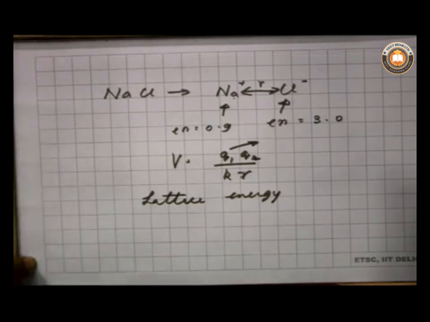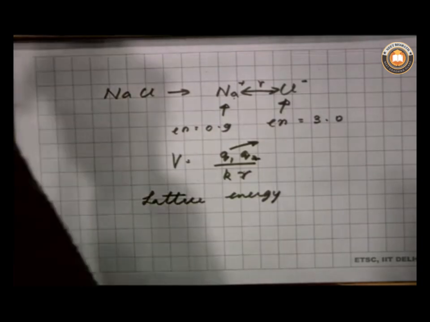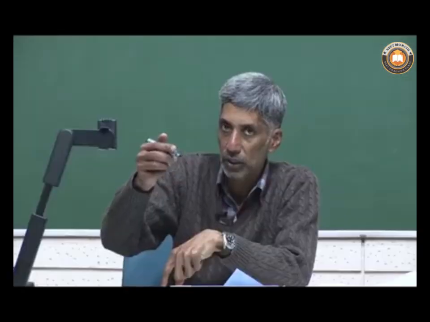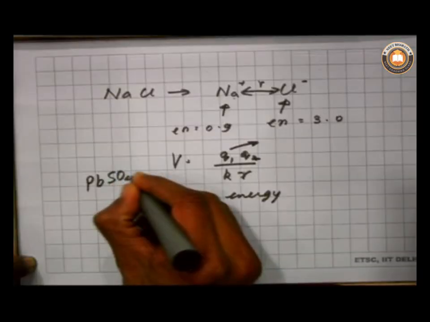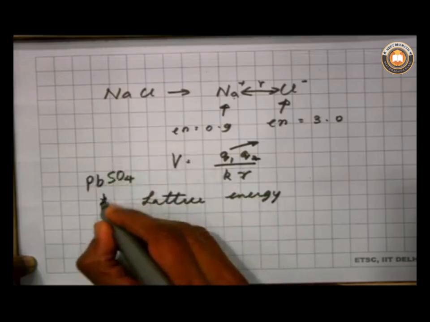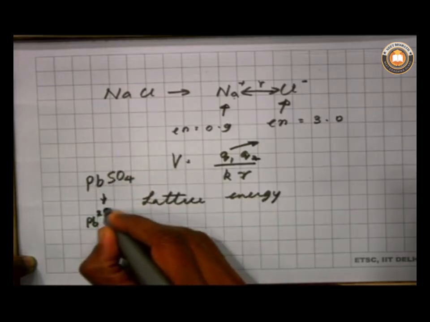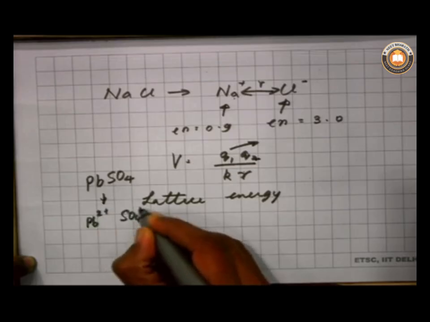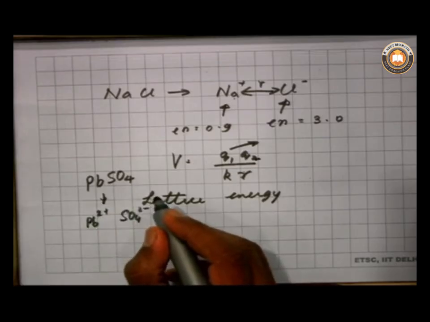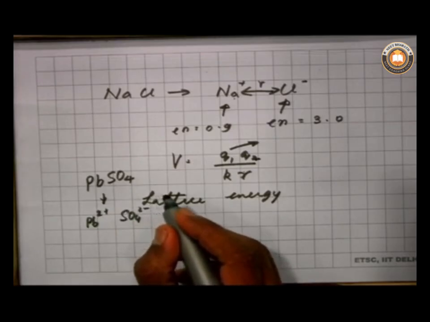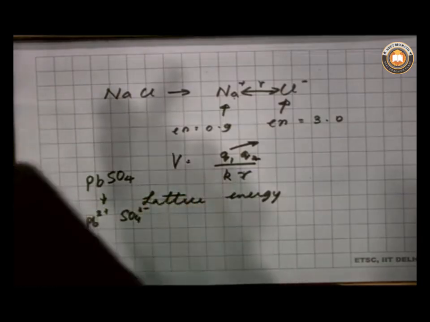So, if an ionic substance does not dissolve, take for example lead sulphate. Lead sulphate also you would expect would exist as Pb2 plus and SO4 2 minus, but lead sulphate when you put it in water does not dissolve, whereas sodium chloride when you put it in water dissolves.